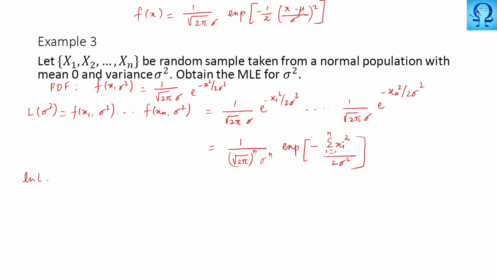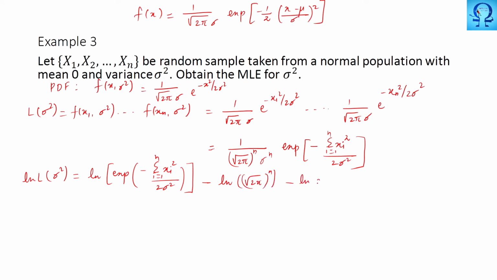Let us take log of L of sigma square. So when we take log, log of the exponential term gives minus summation i runs from 1 to n xi square divided by 2 sigma square, minus log of under root 2 pi to the power n, minus log of sigma to the power n.